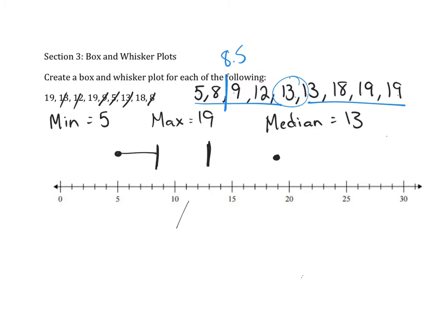I'm going to go ahead and connect this. So this was my Q1, and then if I go on this side, this would be 18.5, which would be my Q3, so 16, 17, 18.5. Oh my goodness, that's really close. This is a tiny whisker on the right side there.